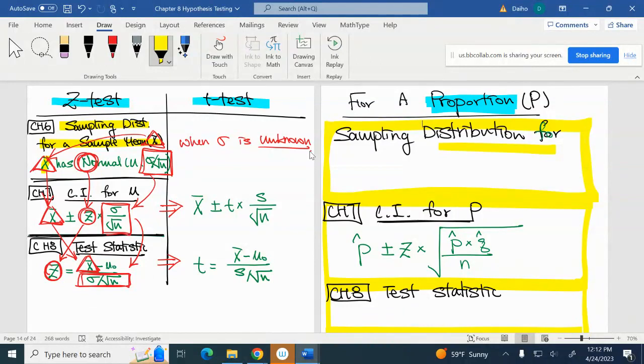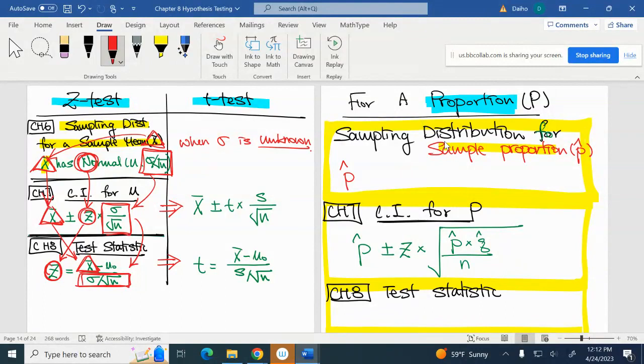We have to determine the sampling distribution for the sample proportion. What will be the notation? P hat.